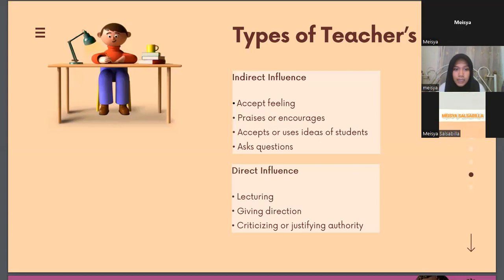And the second is praise or encouragement. Praising or encouraging the actions or behavior of students, for example, by giving a joke that releases tension or just a nodding gesture like that. The third is accepting or using students' ideas, clarifying, building, or developing ideas suggested by students.